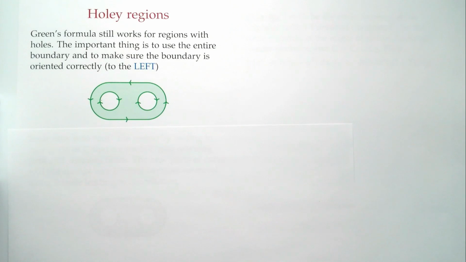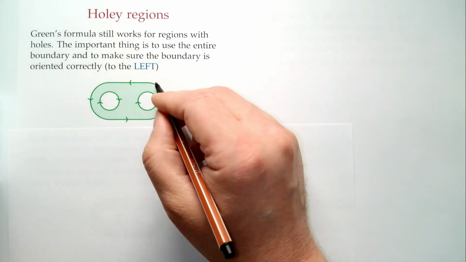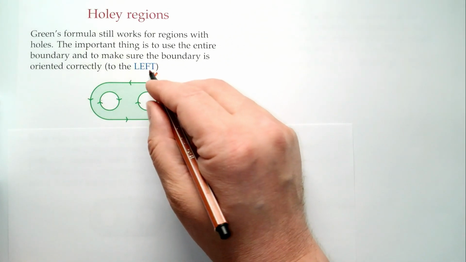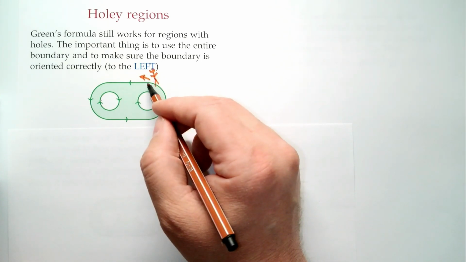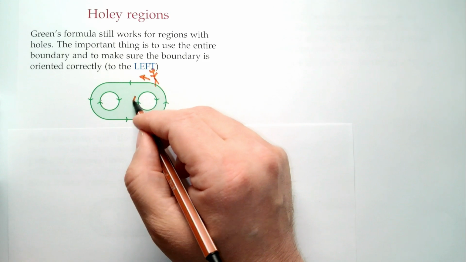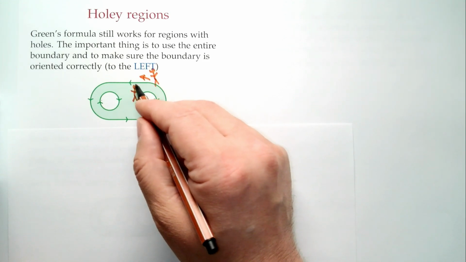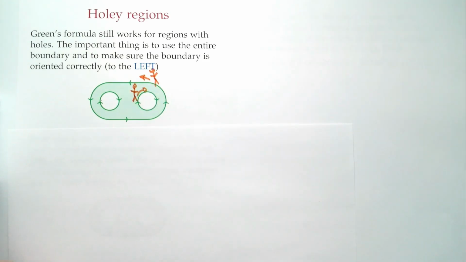But in both cases, you can imagine just a little person standing on the edge, and if they were walking along in the direction of the arrow, on the outside, the region is to their left. But if you went onto one of these inner parts, and this person walked along in the direction of the arrow, then the inside is to the left. So there's a consistency there.